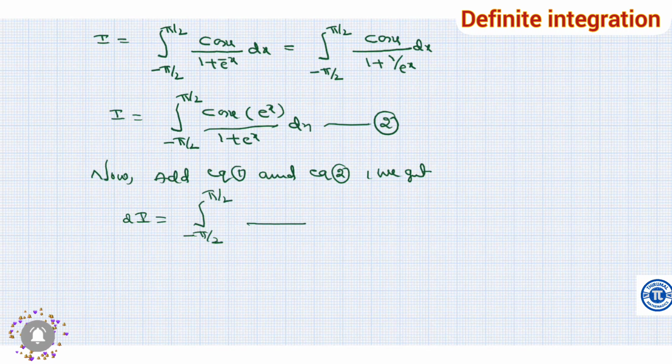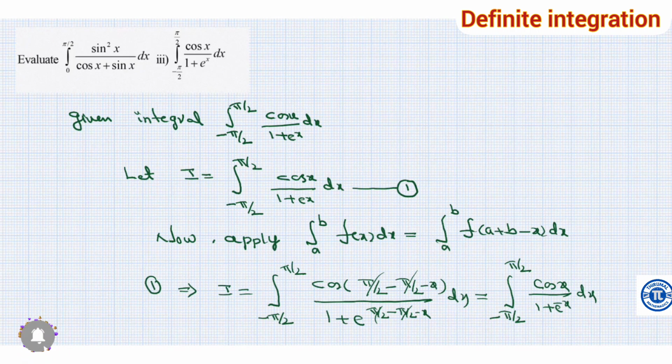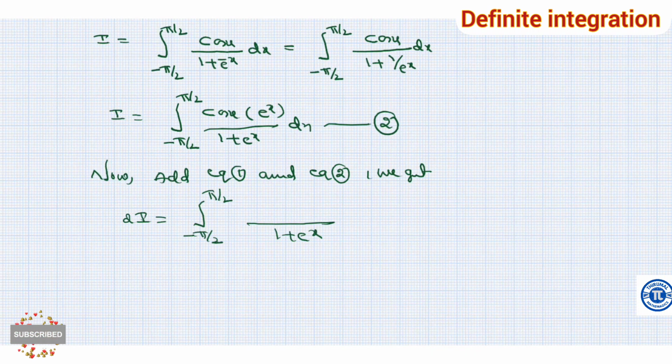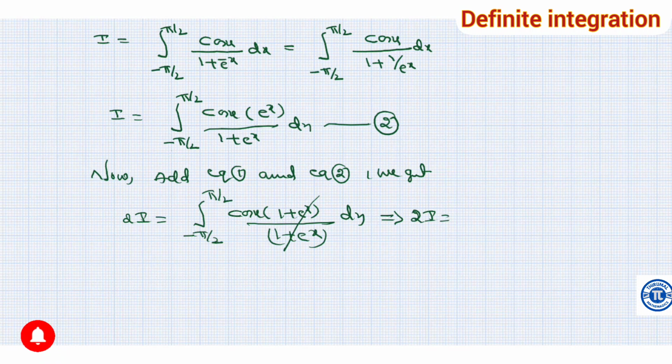Okay, the denominator of both equations is the same, that is 1 plus e power x, and from equation number 1 it is cos x. Okay, cos x, here also cos x, so cos x is the common term, so cos x of 1 plus e power x dx. Here 1 plus e power x cancels, which implies 2I equals integration minus pi by 2.